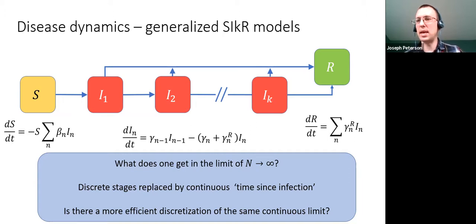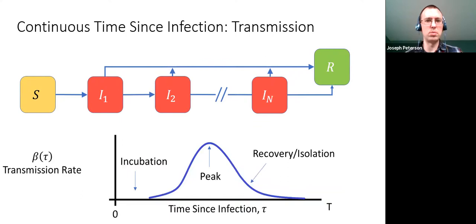Can we do the same thing with fewer compartments if we structure their interactions differently? Okay, that's essentially the question that this boils down to. So in the next few slides, I want to walk through what a time since infection model looks like, how it reframes from the compartment perspective to the continuum perspective when you start thinking about time since infection.